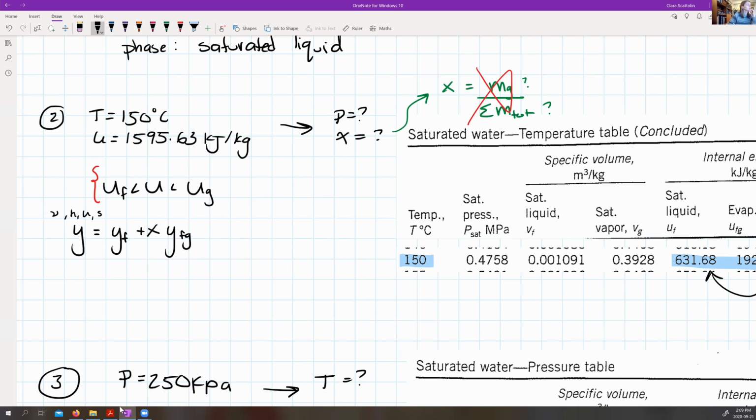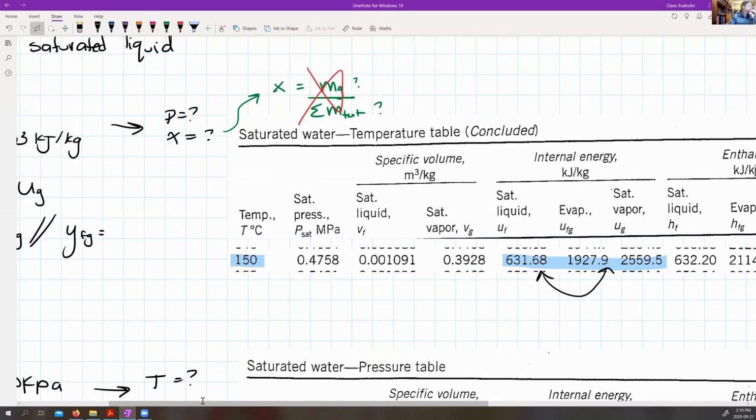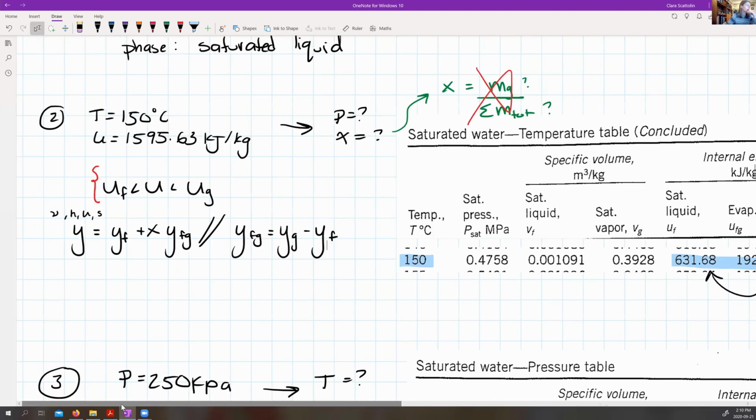And in case you didn't know, the property YFG is equal to, let me just take a quick peek in the table, YG, the value at G, minus the value at F. This essentially describes the evaporation. So this is the value for evaporation.